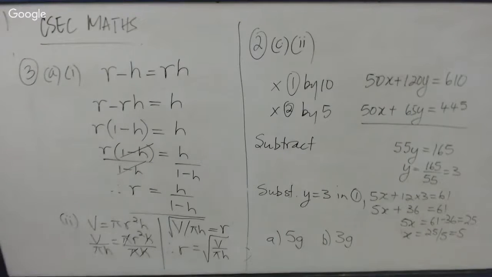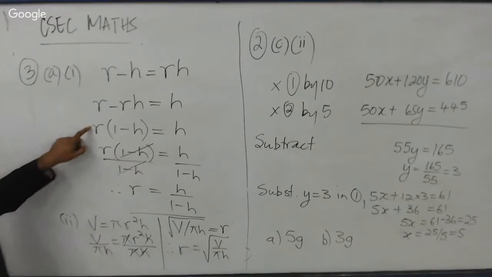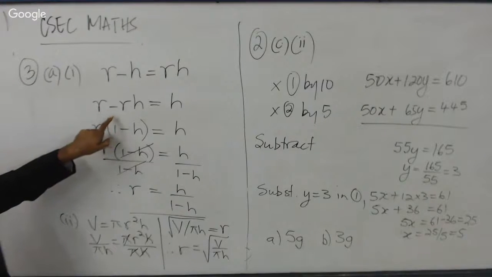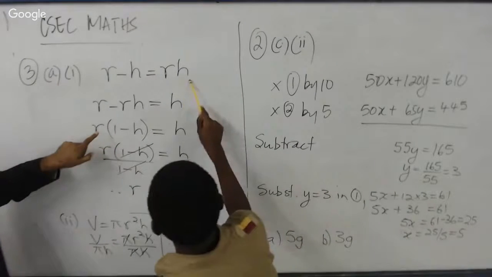Yes, question. This is 3A. Why don't you divide to bring over R, to cancel it?